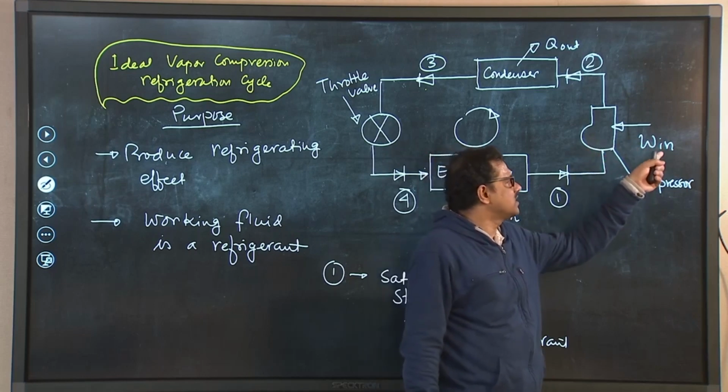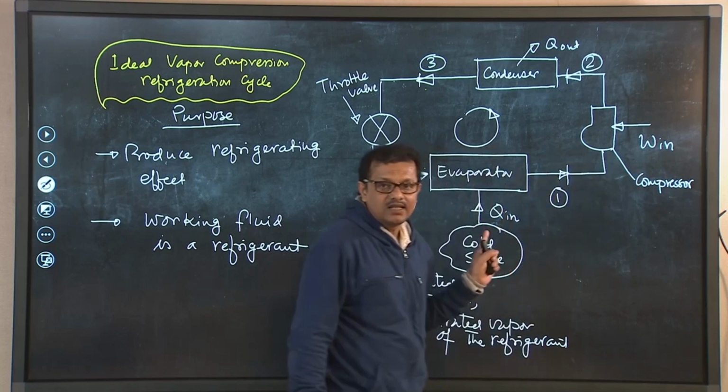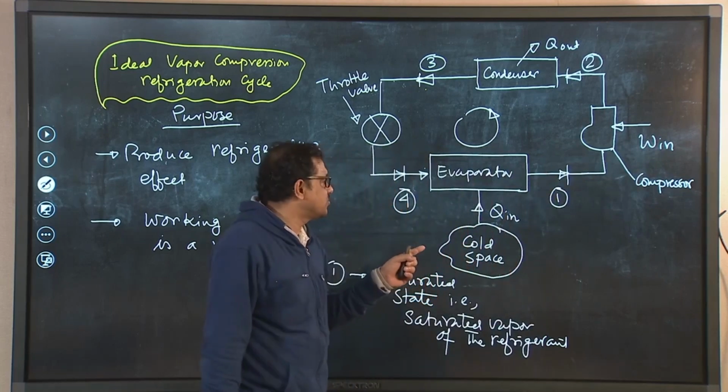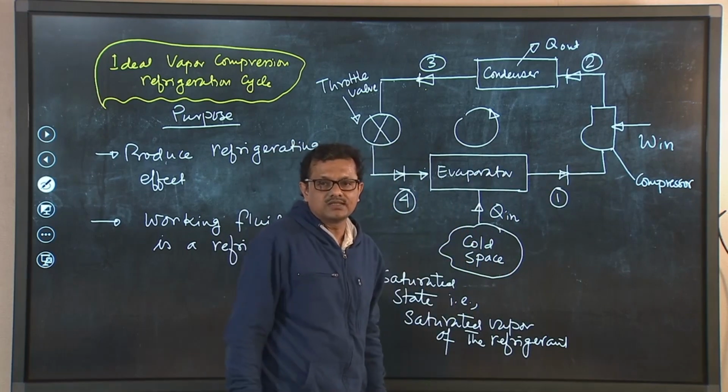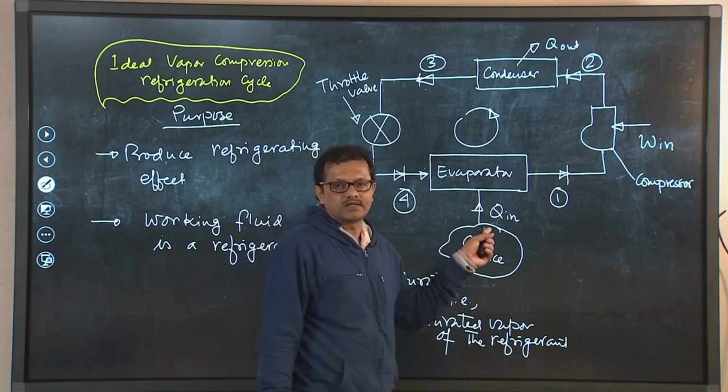So, we are supplying this much energy to run this cycle, and at the cost of that input energy we are getting some desired output, that is, the refrigerating effect.